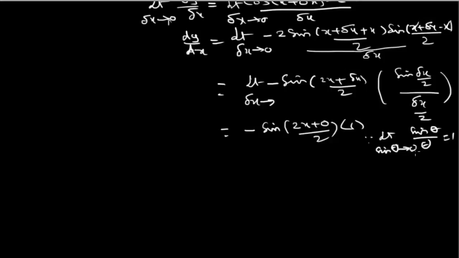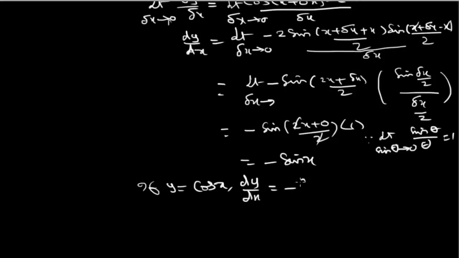Because of that we get it. This 2 and this 2 cancels. So it is equal to minus sin x. So if y is equal to cos x, dy by dx is equal to minus sin x.